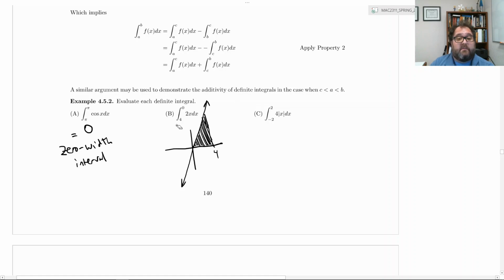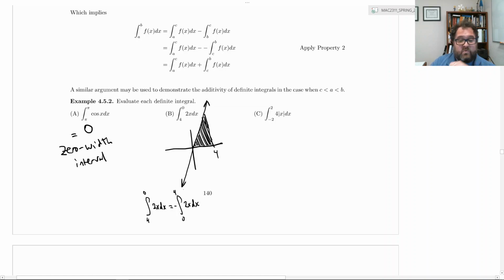We could remedy that by saying, all right, the original is the definite integral from 4 to 0 of 2x dx. We want to use geometry. So if we swap 0 and 4, now A is less than B, but we have to put a negative sign out front.